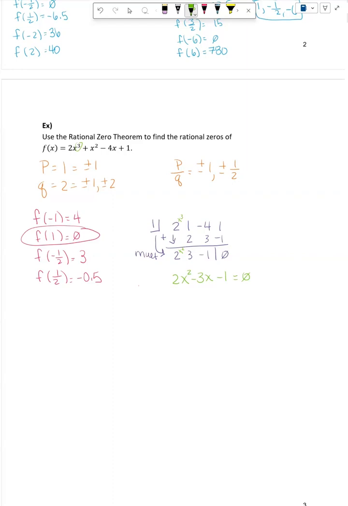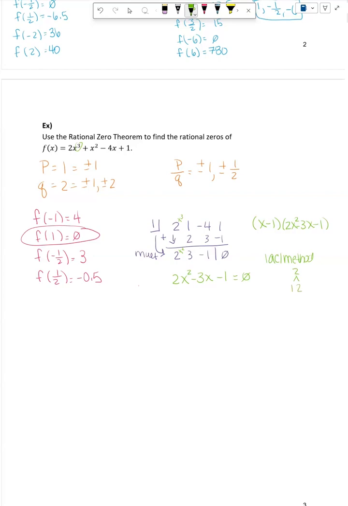So our factors now are going to be x minus 1 and 2x squared minus 3x minus 1. But we could factor this guy, right? So if we use the AC method, that's going to give us a 2, and the factors of 2 are 1 and 2.